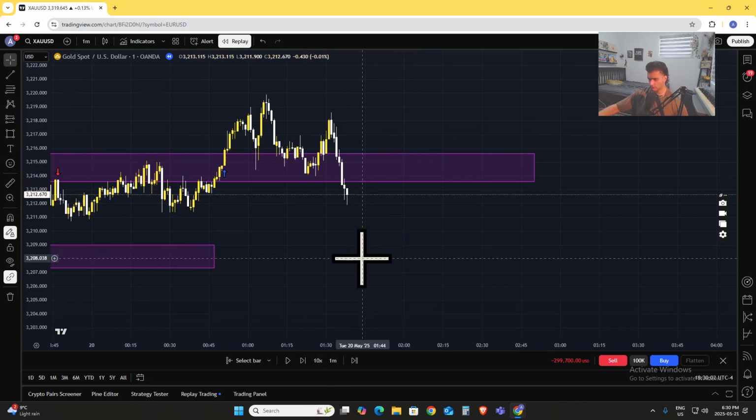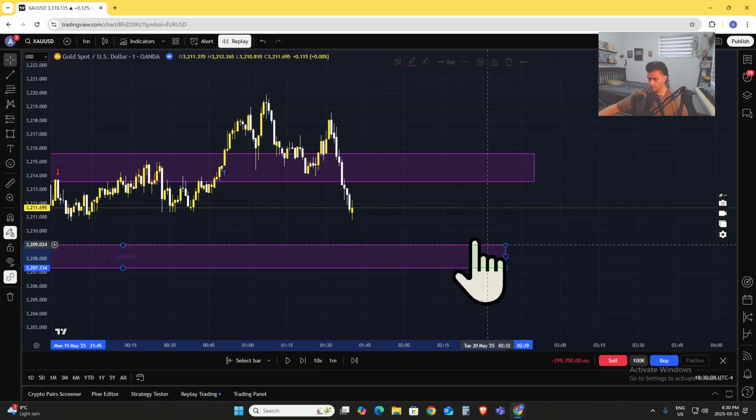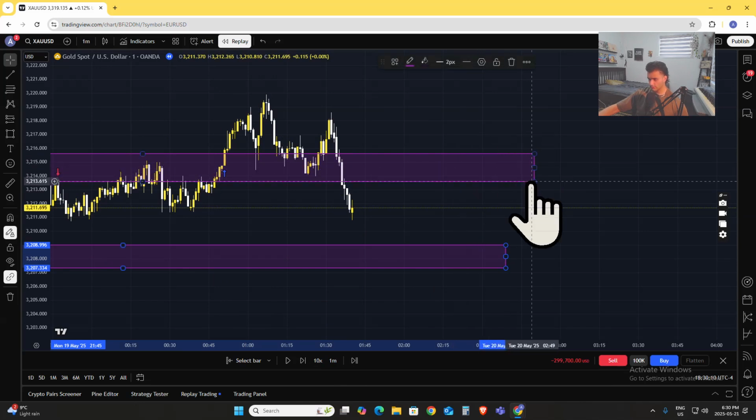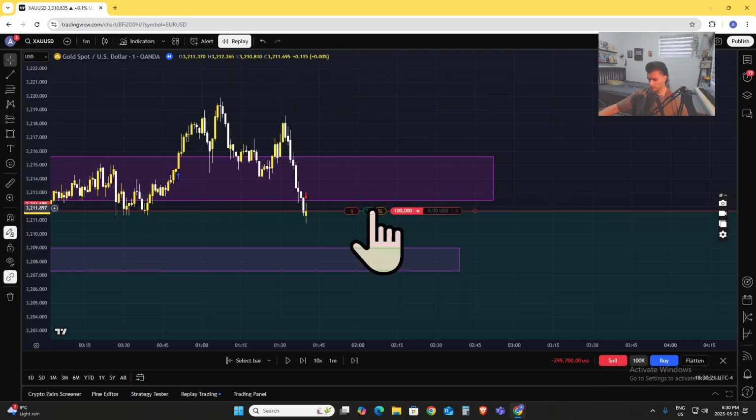Let me just look for a bullish candle. Nope, it's just breaking straight through. This should be valid, in my opinion. Yeah, this should be good. I'm going to enter a sell here.